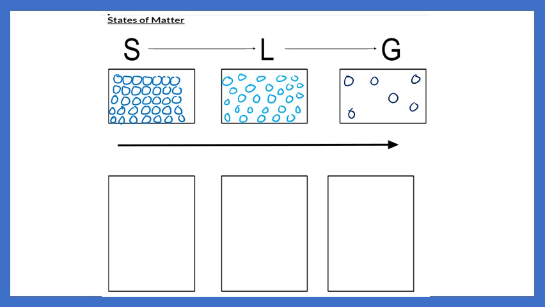To go from a solid to a liquid and gas, we need to increase heat or temperature. All right. So my gases are hot, hot, hot, and my liquids are cold. Okay. Liquids are cold, gases are hot.